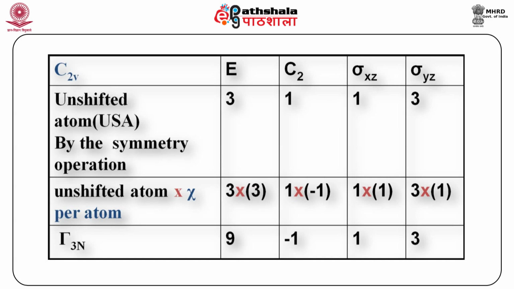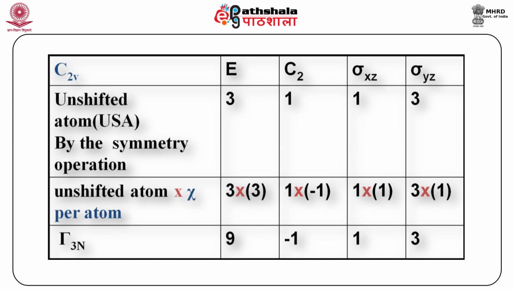Just by noting how many atoms are unshifted and multiplying by the character corresponding to E, C2, sigma xz and sigma yz, with 3n vectors as the basis, we can directly get the tau reducible representation.